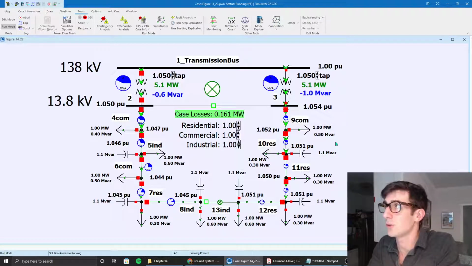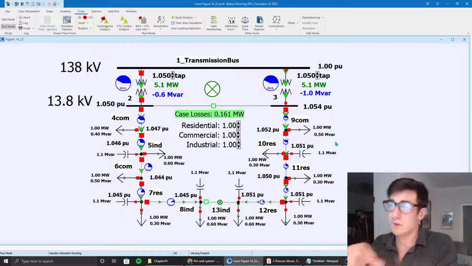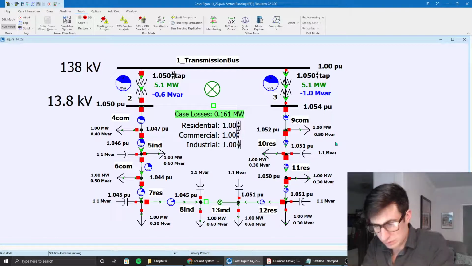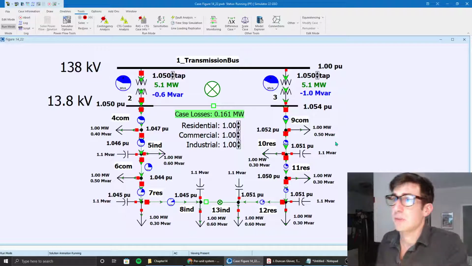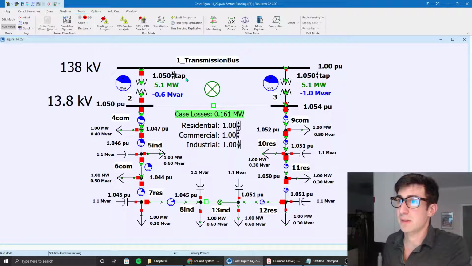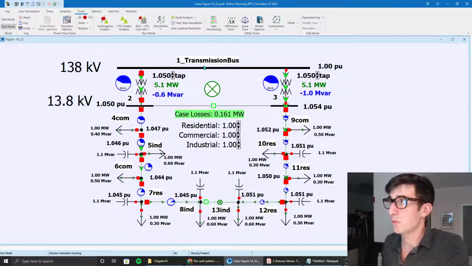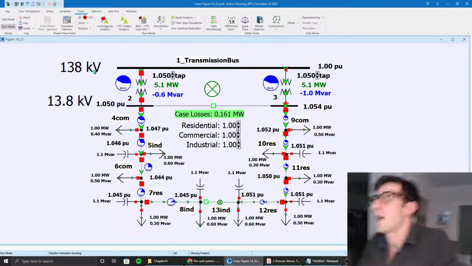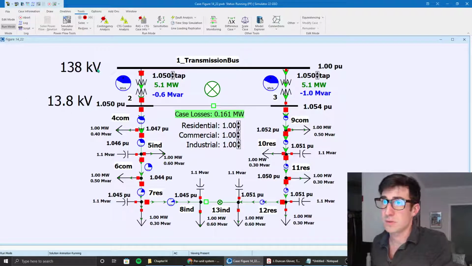Without further ado, I'll show you what just happened and give you a rundown of this diagram. So starting at the top, we have the transmission bus, and we can select the taps here. Everything is in per unit values, and per unit notation is very helpful because as you change the voltages, the per unit changes with it.